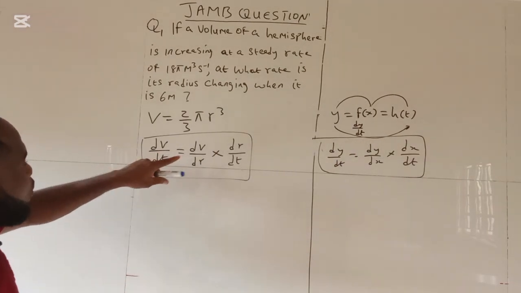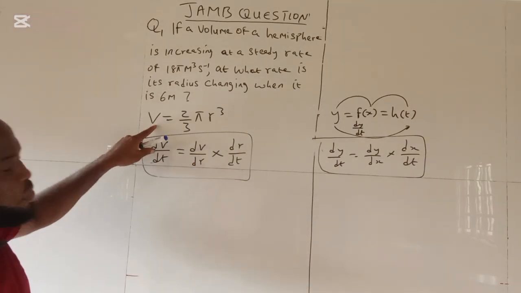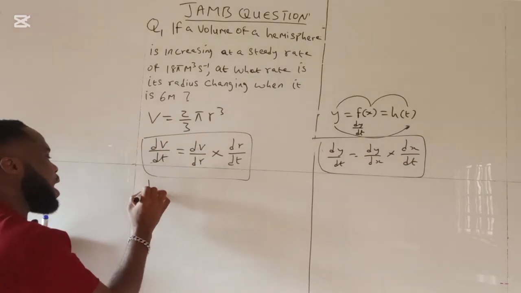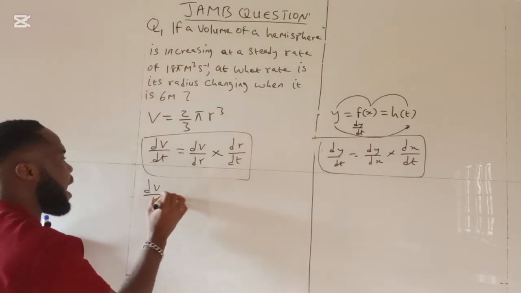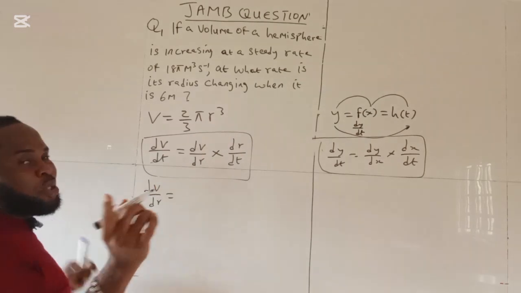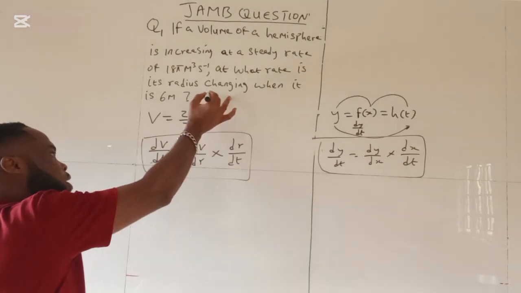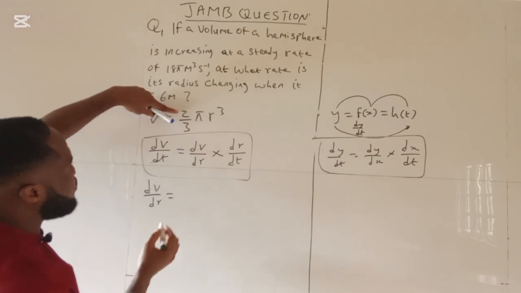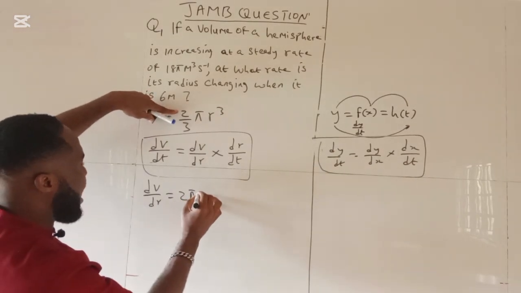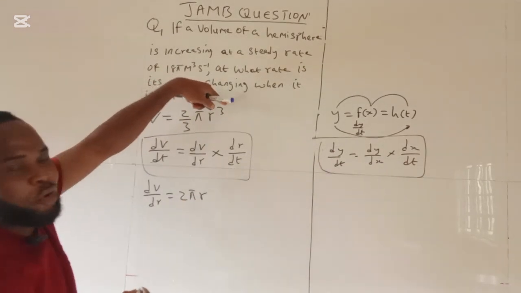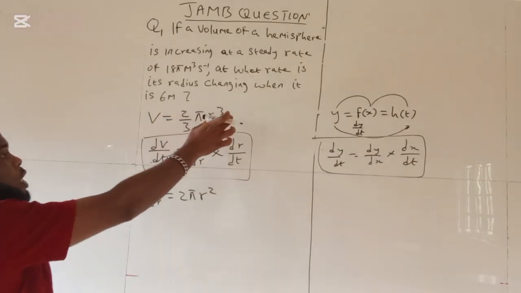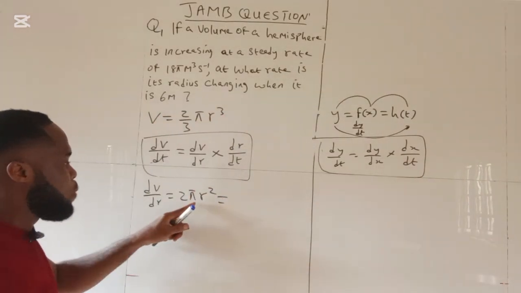Let us find dV/dr from V by differentiating V with respect to r. The power comes down to multiply the function, and to cancel out 3, we're left with 2πr, then take away 1 from the 3, we have 2.